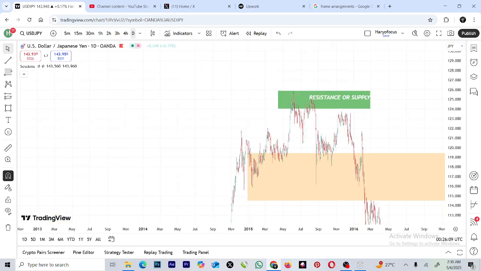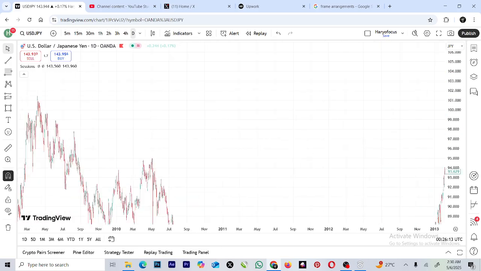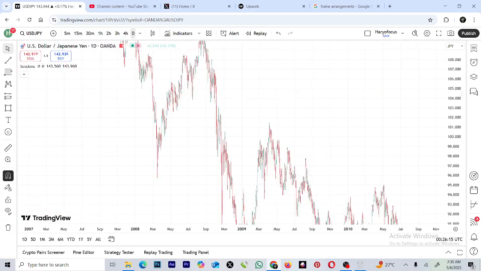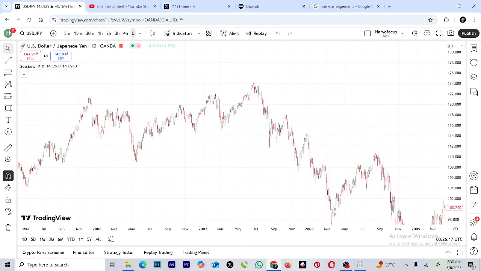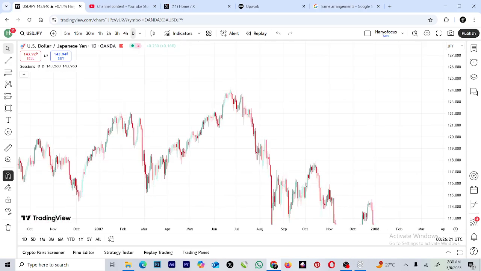So let's go into market and look for another. Here is another resistance, one, two.